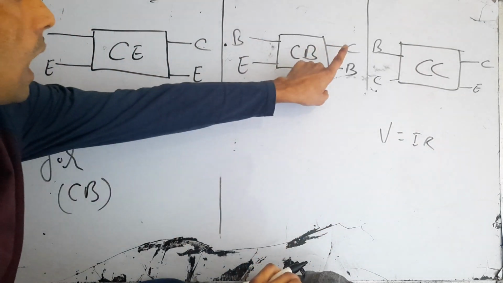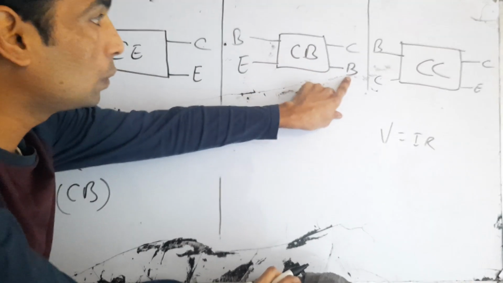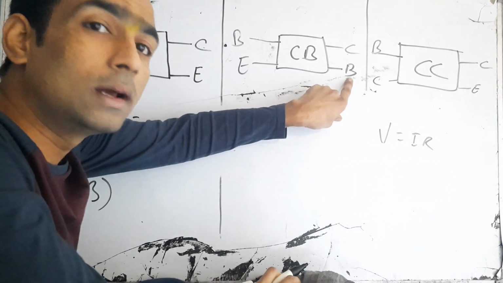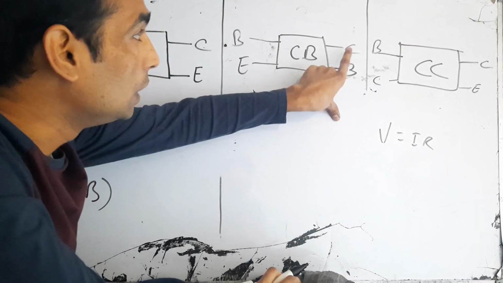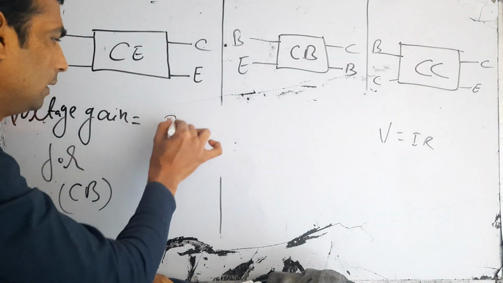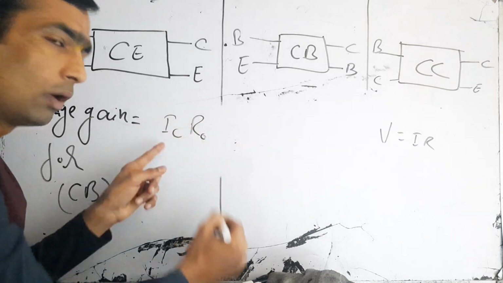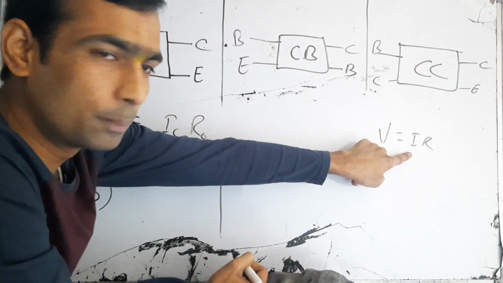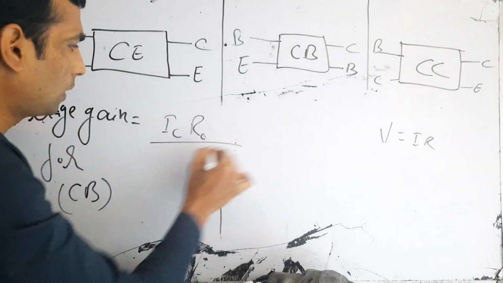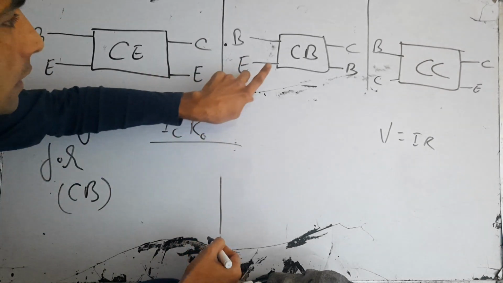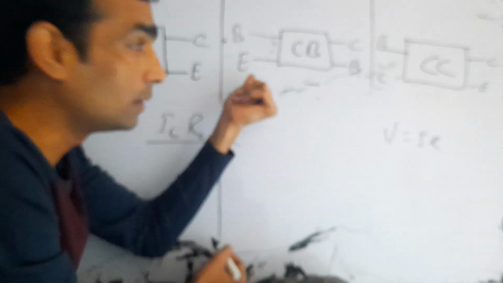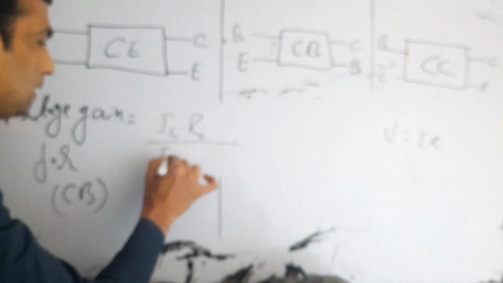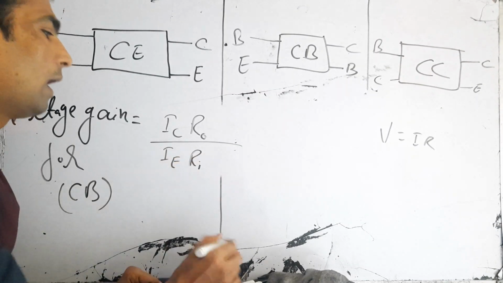Base is common, so you can't take the output current as base. You will take IC into R naught. And what is the input current? Base? No, because base is common. So we'll take IE into R initial.